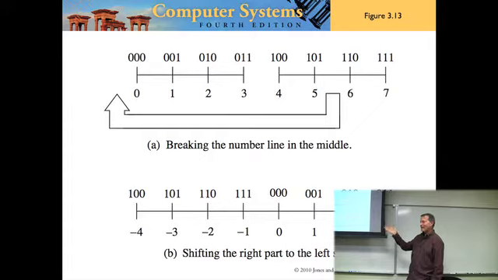You just subtract a key number from it, and boom, it's done. You don't have to have an if statement and do it one way if it's one way.